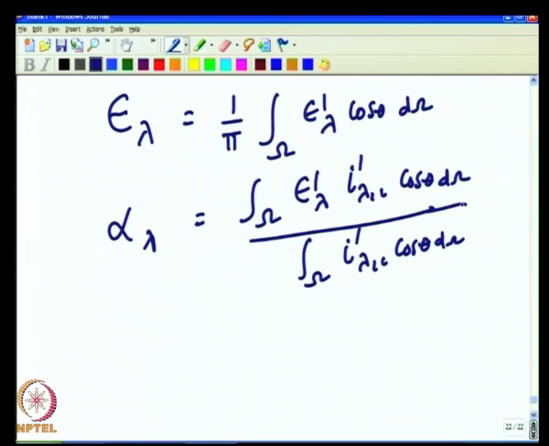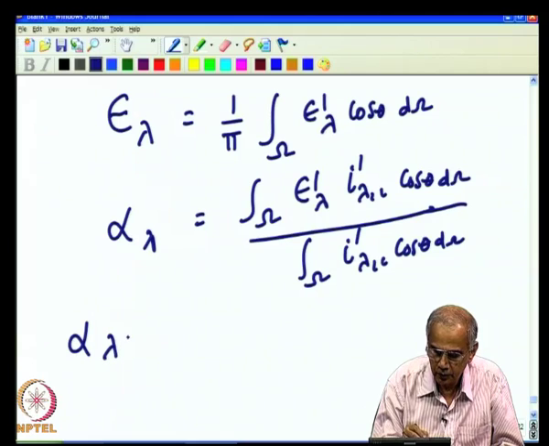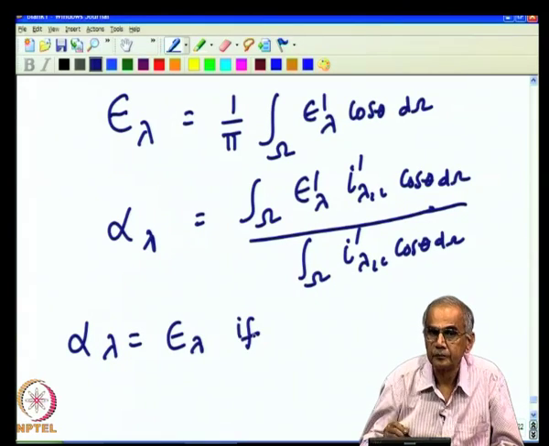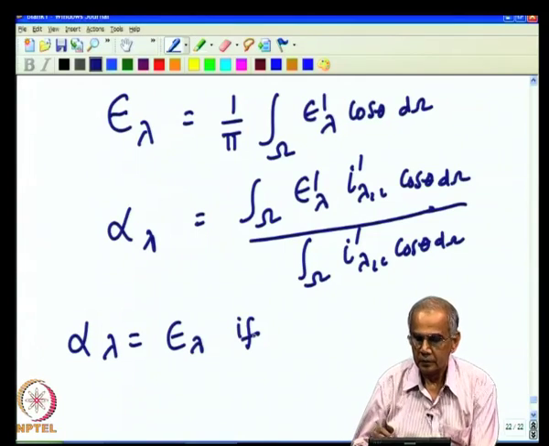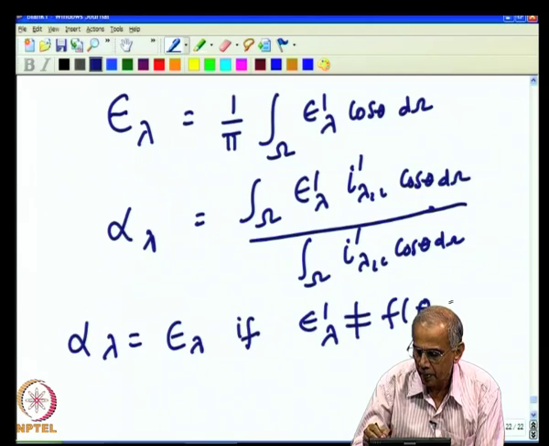So, you can see that in general these two are equal if epsilon prime lambda is not a function of angle.